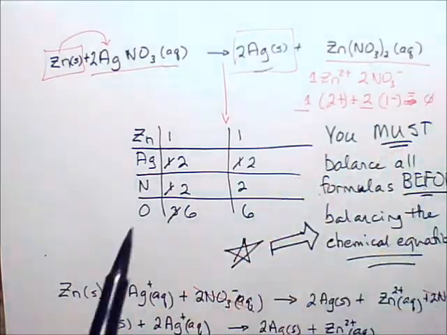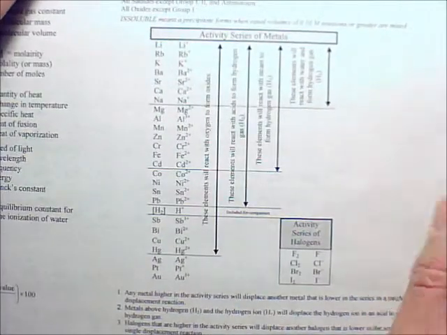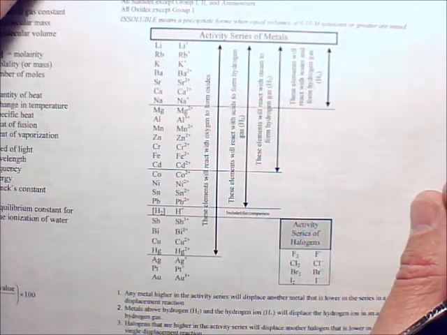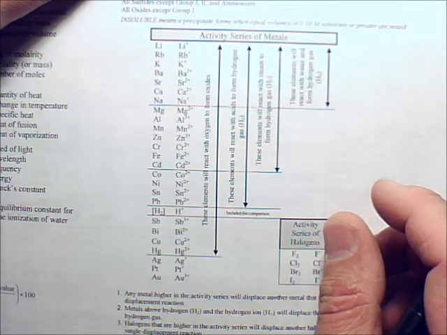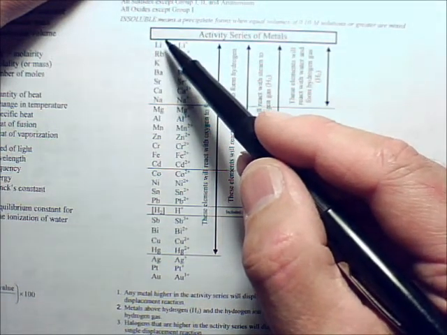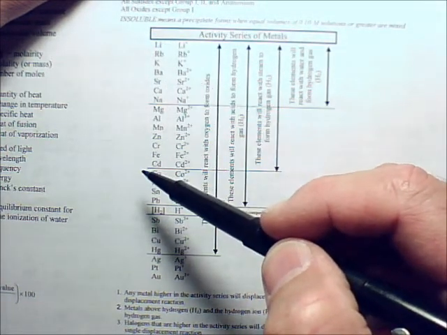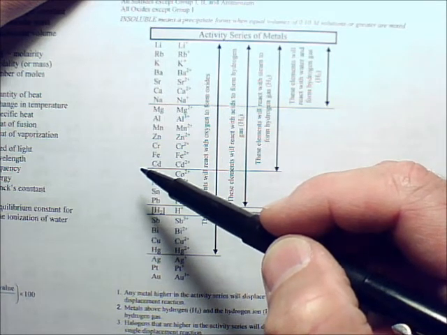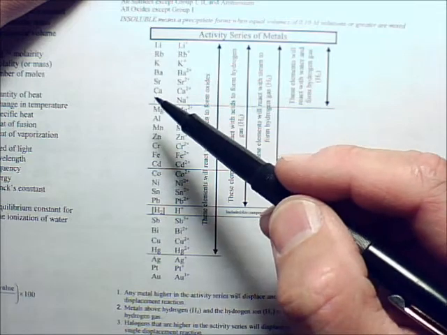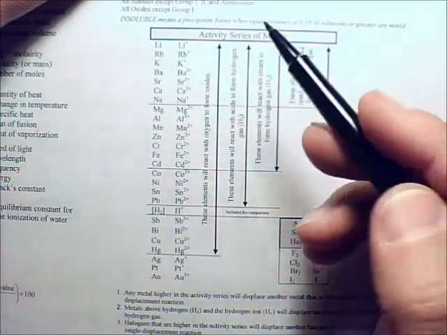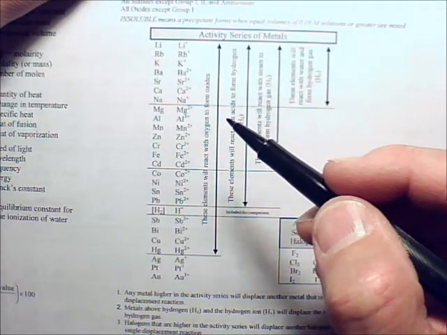The driving force for a single replacement reaction is an element that's by itself higher on the activity series than an element in a compound. That's the driving force rule, if you want to put it that way.